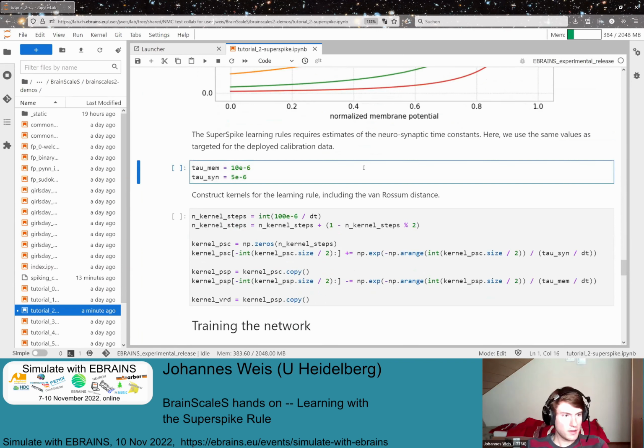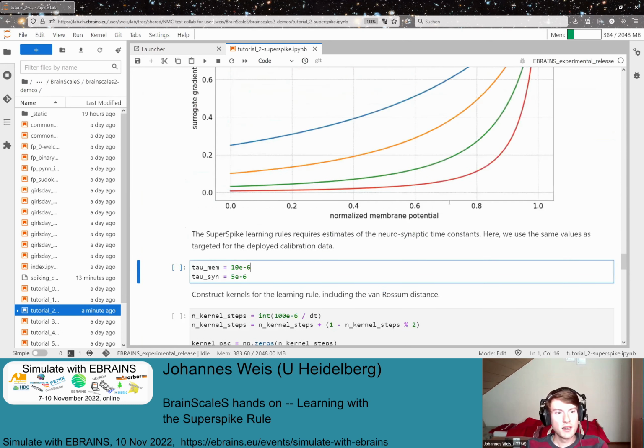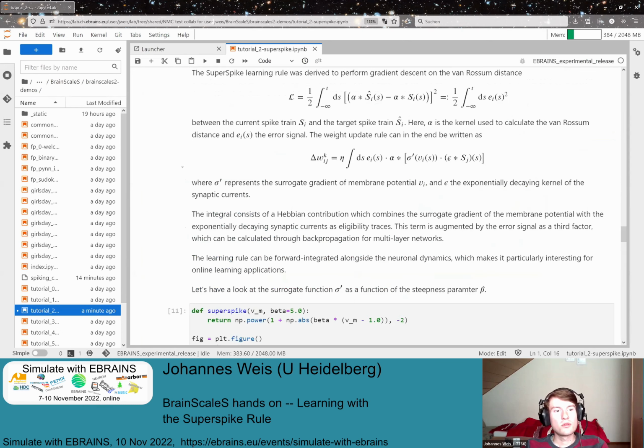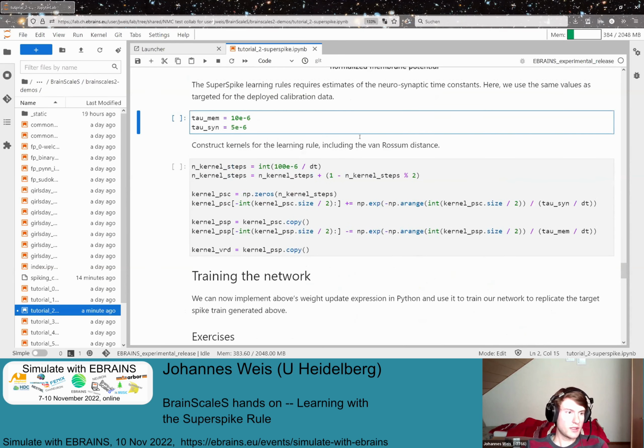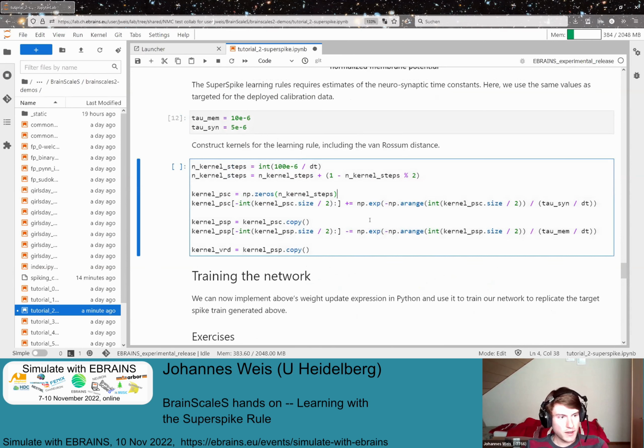There are two time constants that we need for that. The membrane and synaptic time constants. We will need them in order to have the convolutions. Alpha is a convolution with a membrane kernel, epsilon with a synaptic kernel. And we will define those numbers as we have them from the calibration. And we will also define kernel functions for that.